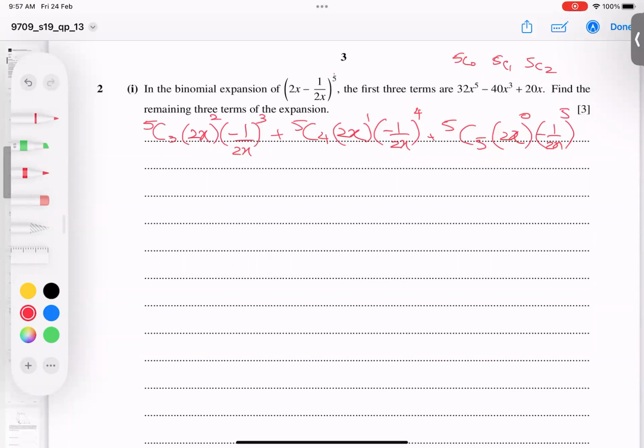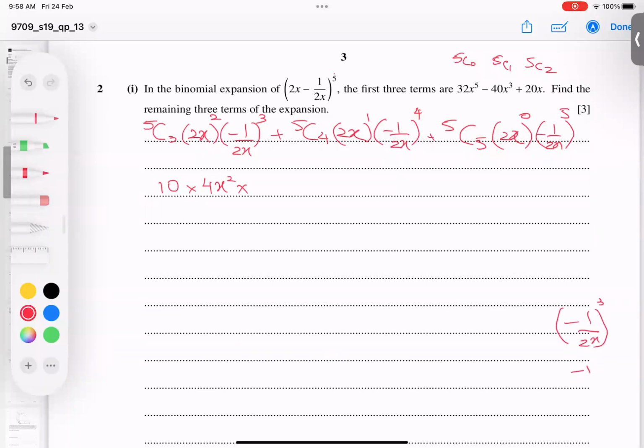Now, 5C3 is 10. And this power 2 goes on x, and this power 2 goes on 2 both. So 2 to the power 2 is 4, and x to the power 2. This 3 goes on minus 1 separately. I just do it here because I know students make a mistake here.